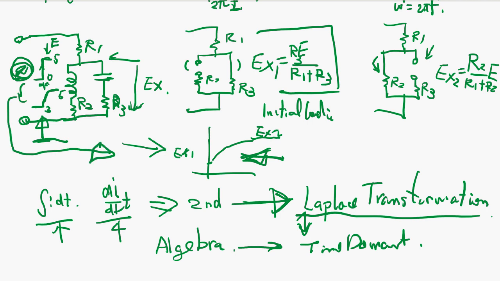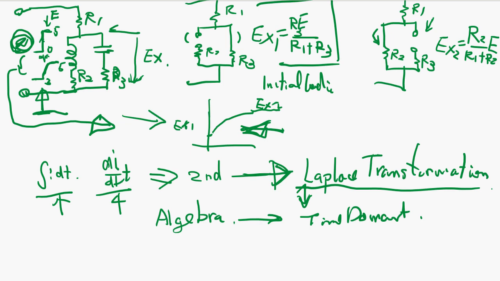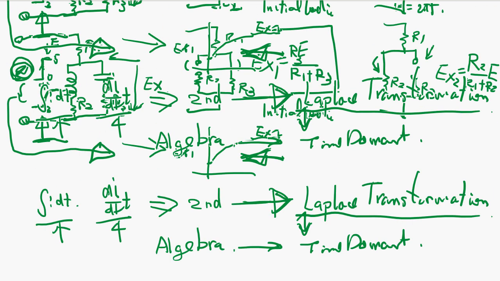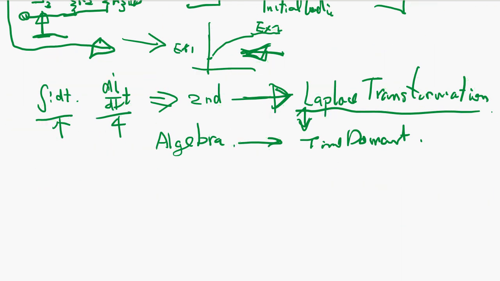And you can complete the transient analysis. The problem is when you have a nonlinear element like a transistor, a bipolar transistor or MOS transistor, we have to use some approximated model.